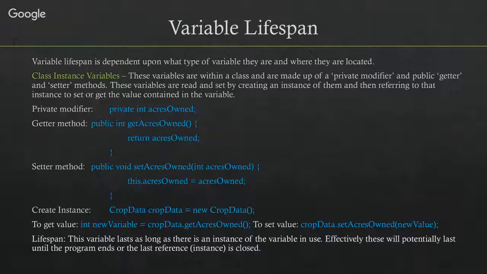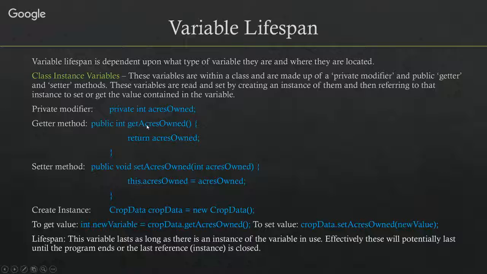There are different types of variables. We have class instance variables, which have a private modifier and a public getter and setter method, like in the crop class. So inside of a class, we have a private integer acres owned. And then we have how we can get the value and how we can set the value.